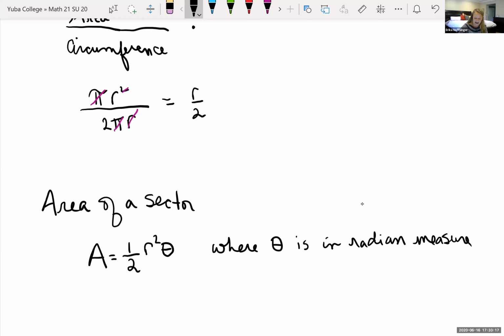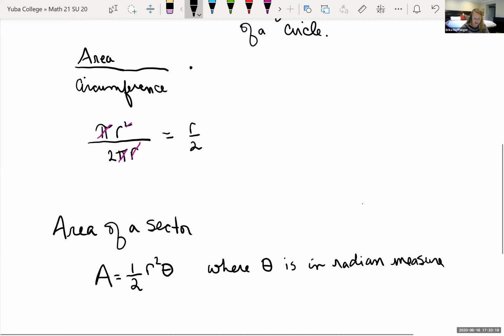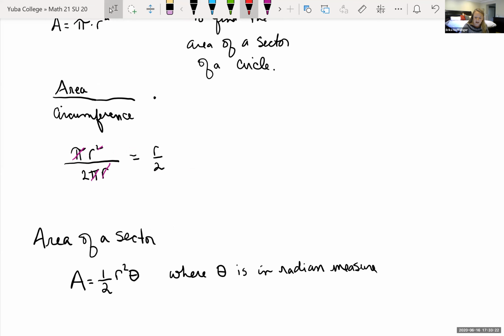Okay, we are trying to find the area of a piece, all over the circumference of that piece or that arc length.